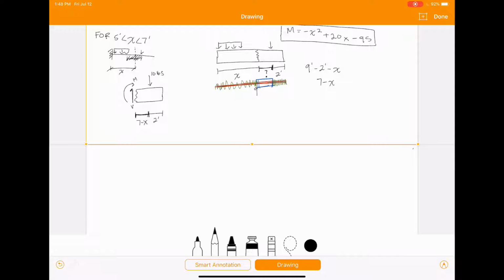And again, we can just use our equations of equilibrium and solve for our shear and moment equations. So sum of forces y equals 0. Choose a direction as being positive. And we're going to get v minus 10 equals 0. So v equals 10. Sum of moments about x equals 0. Choose a direction.